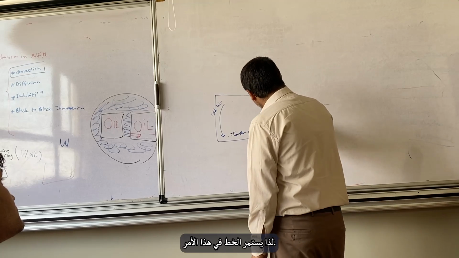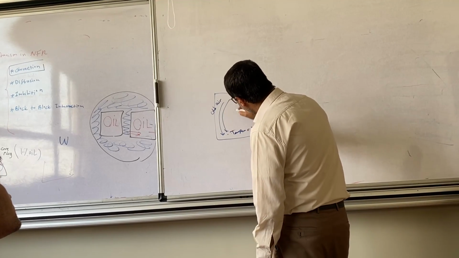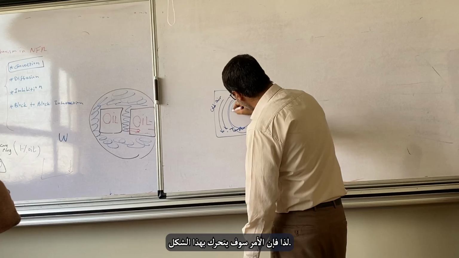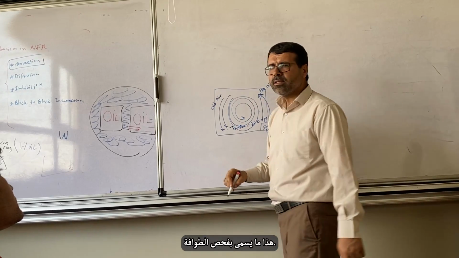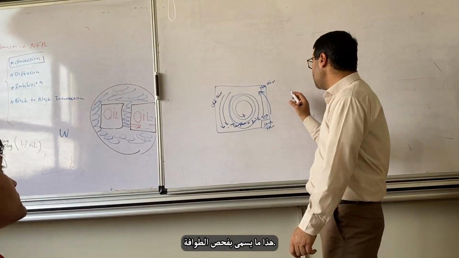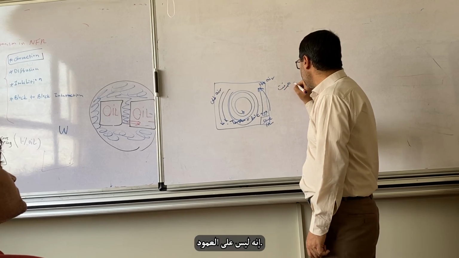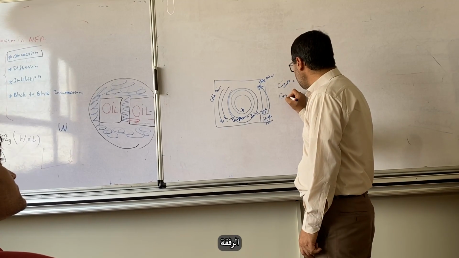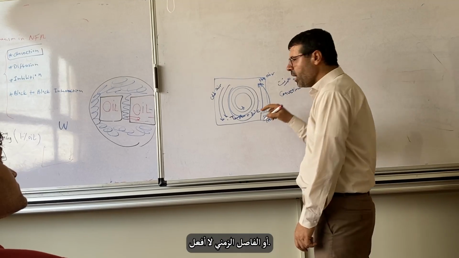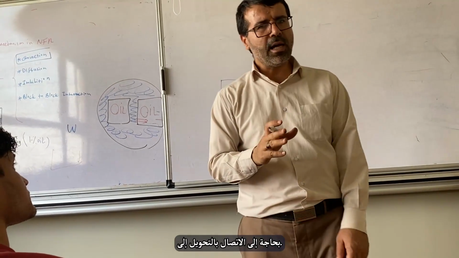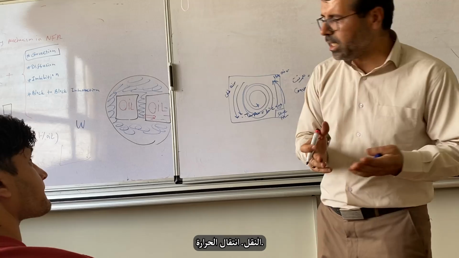So the lighter air goes up and the colder air comes down, so it is going to move like that. This is called convection, transfer of the heat.